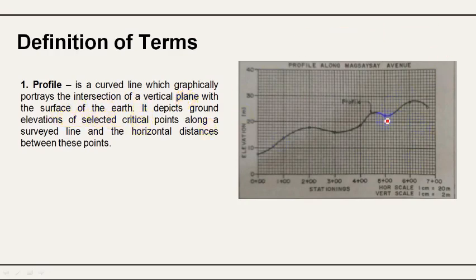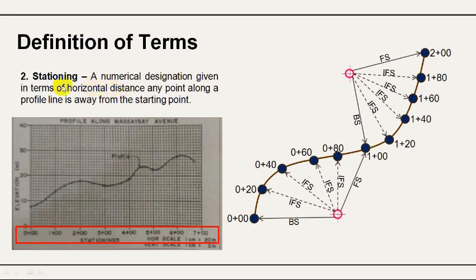This one is our profile of the terrain from station 0 plus 00 to 7 plus 00. Stationing is a numerical designation given in terms of horizontal distance any point along a profile line is away from the starting point.